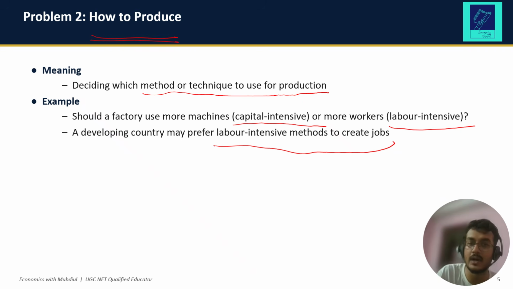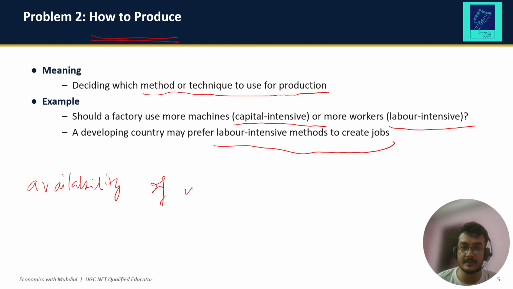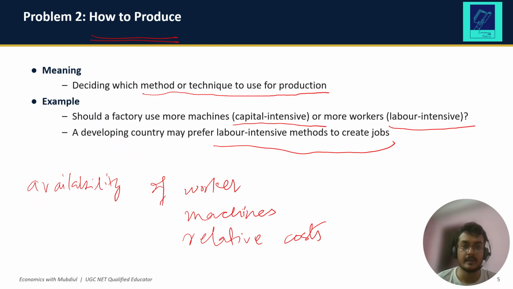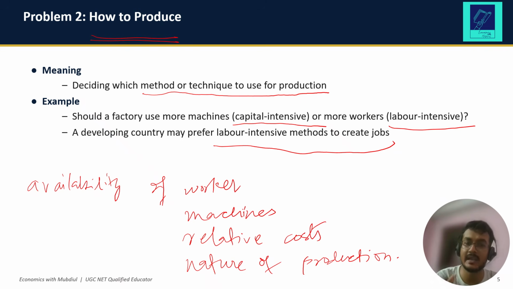So when deciding how to produce, producers may consider things such as the availability of workers, machines, then relative costs, then nature of production, and the desired output. The objective is to choose a technique appropriate to the resources and circumstances available.